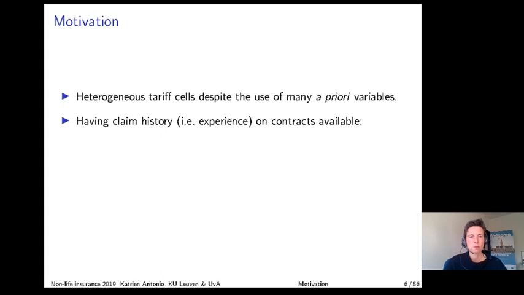Having some history on the policyholder or the contract available, the insurer will reward policyholders that perform better than the average experience in the tariff cell they belong to, and the insurer will penalize risks that perform worse than average. Hence, the premium or tariff should be adjusted based on the individual claims experience of an insured.